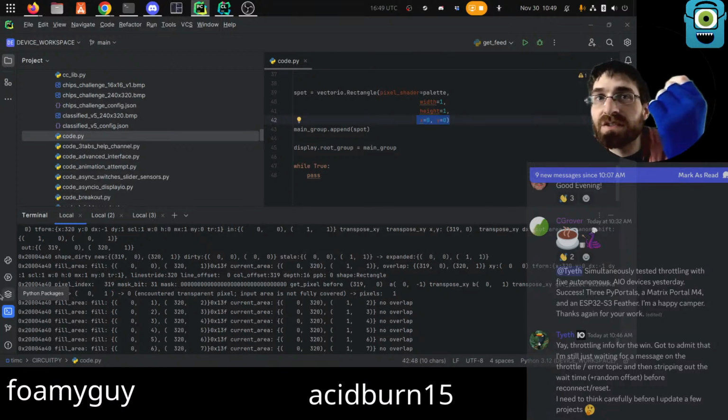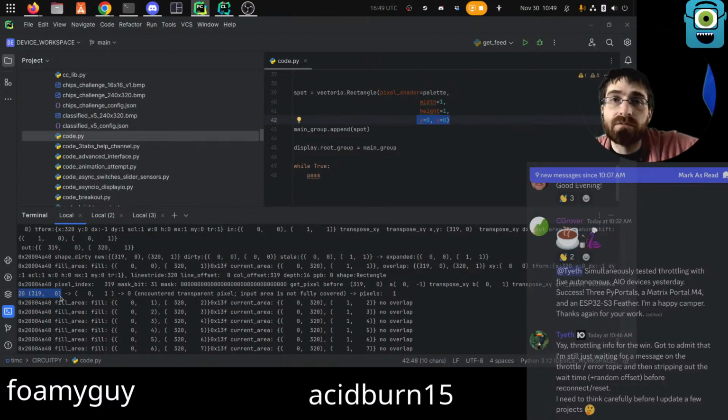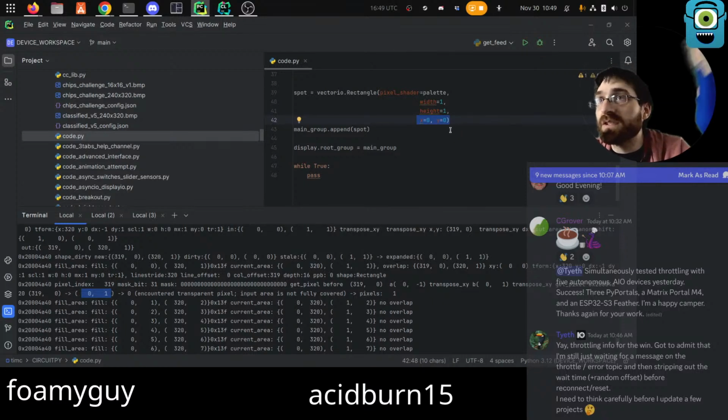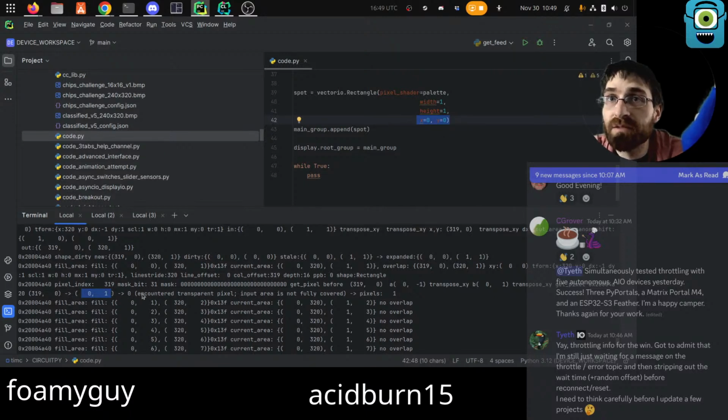So the screen is saying, hey, give me the data for pixel 319, 0. Vectorio is here saying, oh yeah, no problem. The data for that pixel is located in the shape coordinates of 0, 1, but that's wrong. It should be 0, 0. The thing we've drawn here, there is no 0, 1, so 0, 1 is transparent, presumably. Doesn't count. Got a transparent pixel, not fully covered, therefore we don't draw anything.